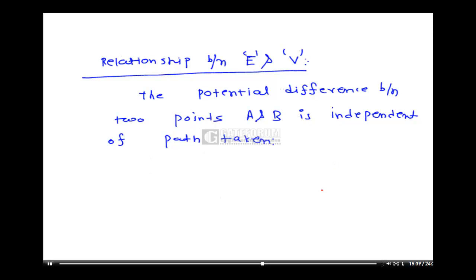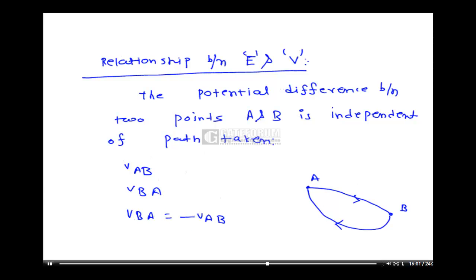Suppose I am coming from A to B, the potential difference is V_AB. Suppose I go from B to A, the potential difference is V_BA. Then V_BA is equal to minus V_AB. Therefore, V_BA plus V_AB is equal to 0.